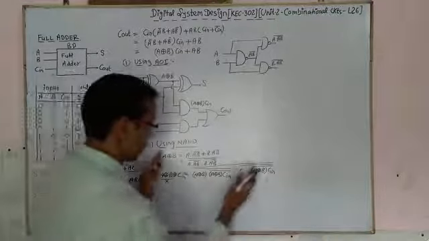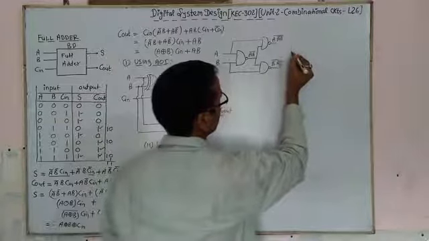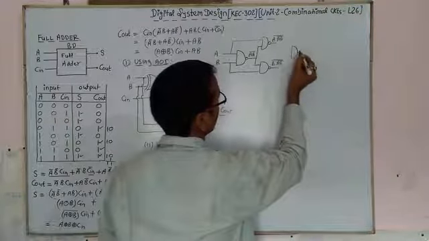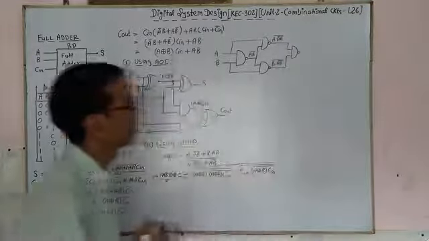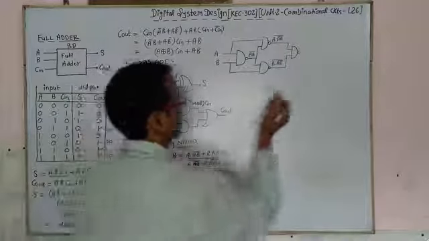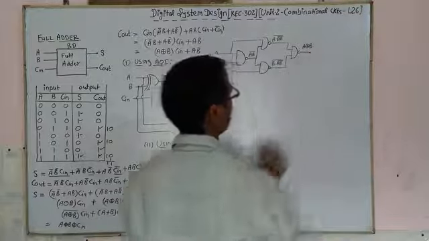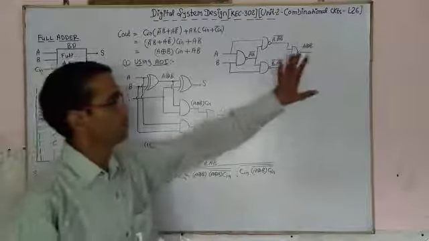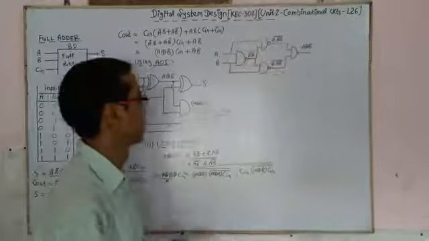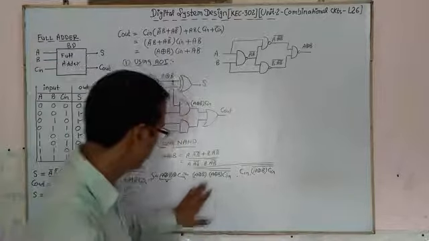Again we are multiplying both terms and taking invert, and we are getting A XOR B. Now I think you have no doubts. First of all, we had to design this XOR.